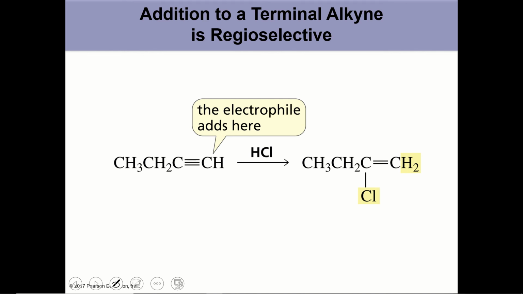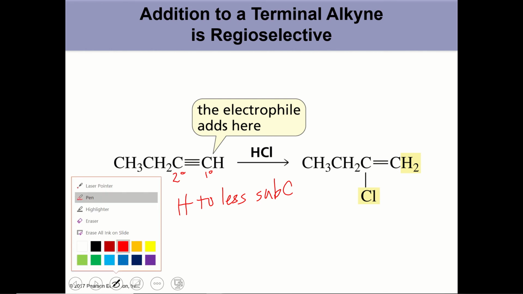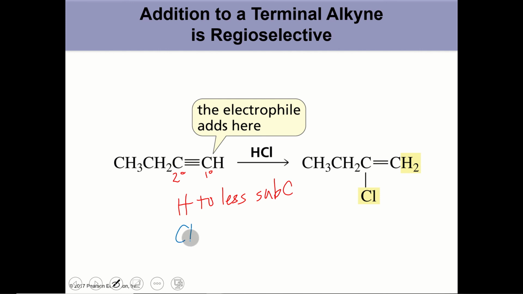The hydrogen goes to the less substituted carbon. So we have a primary carbon and a secondary carbon. And the chlorine goes to the more substituted carbon.